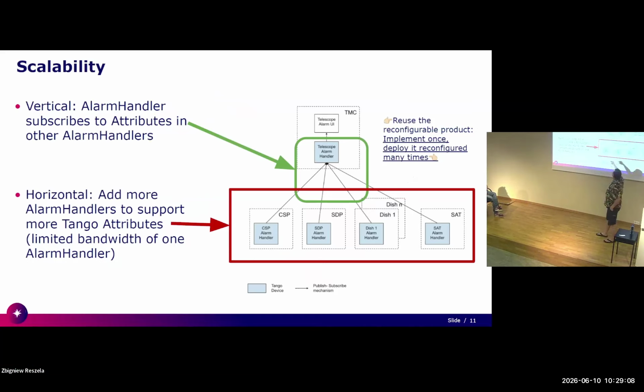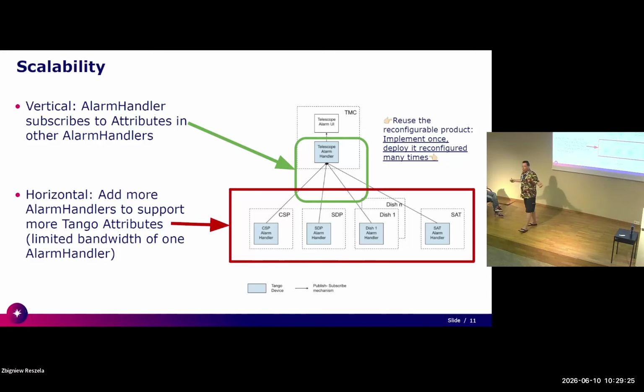So the whole enchilada actually scales also horizontally. I said vertically now, right? I can chain them. One alarm handler looks at the other from bottom to top, sorry, but also vertically.